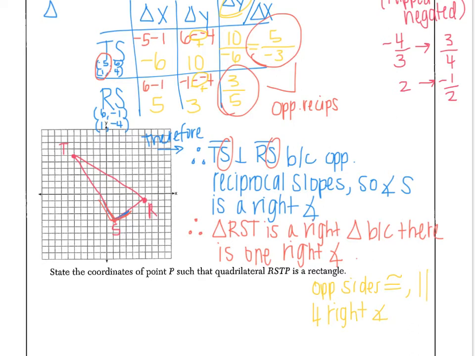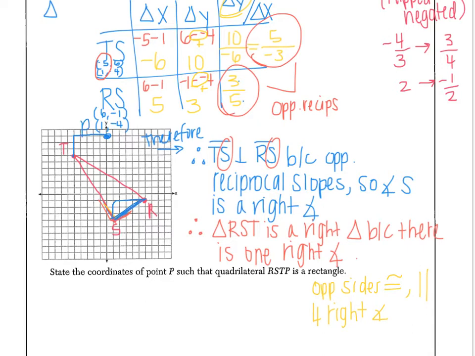So right now I have one right angle. And in order to create parallel sides, I can find the slope of SR, which we already did, is up 3 over 5. Up 3 over 5. So I'm going to do the same thing from T to get P. Up 3 over 5. So here is my point P.